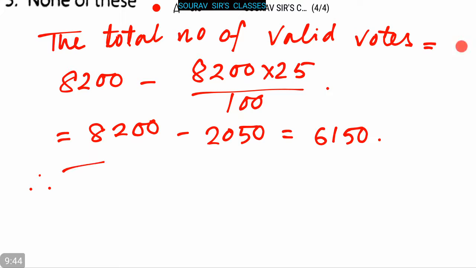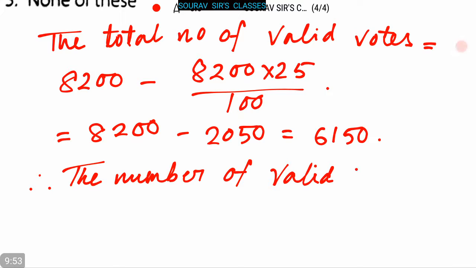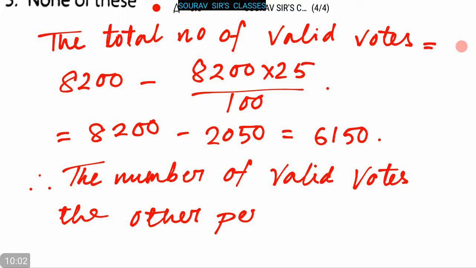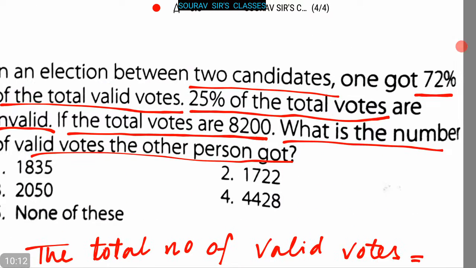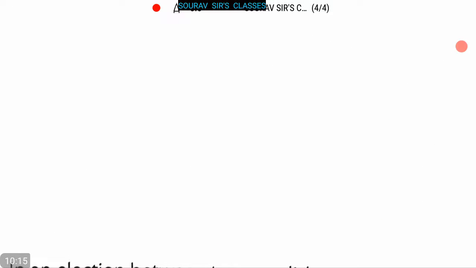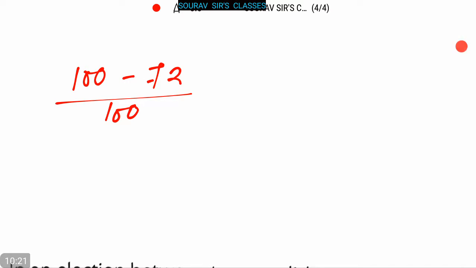Now the number of valid votes the other person got. So from this the number of valid votes that the other person got is equals to 100 minus 72 divided by 100, that is the 72% of 6150.